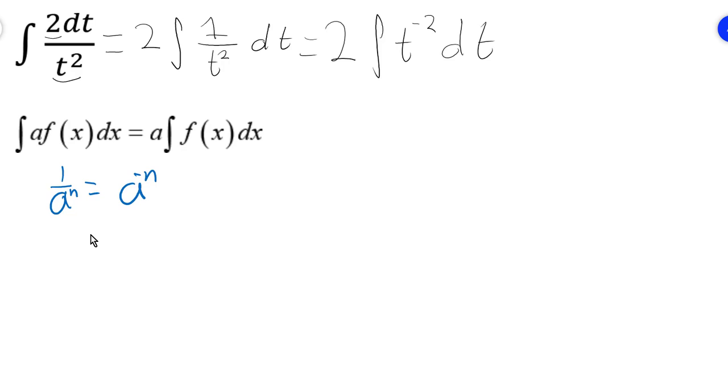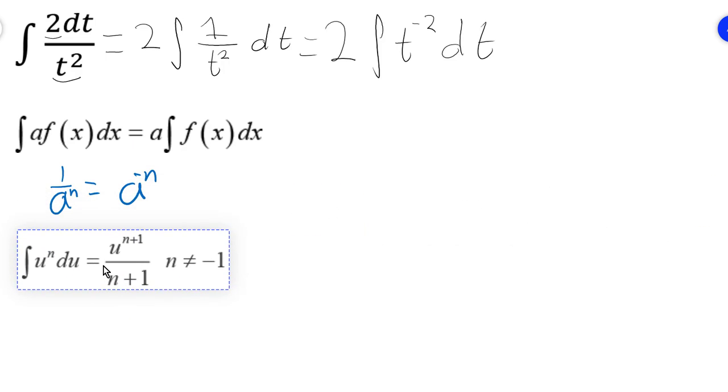And now we can apply the power rule. Why? Because we have u, which is t, and we have n, which is minus 2. Sorry, let me erase this.